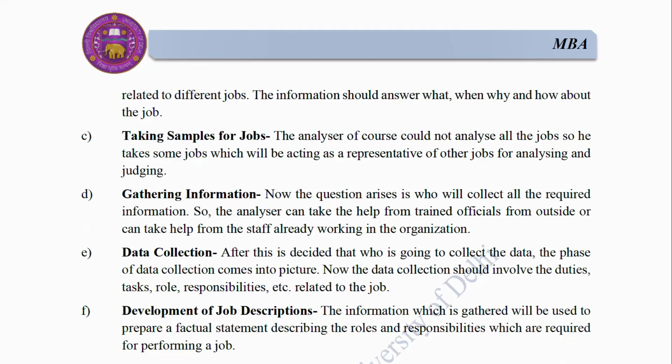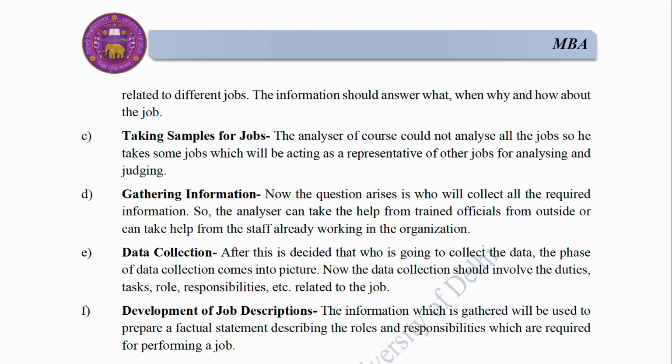So the analyzer can take the help from trained officials from outside or can take help from the staff already working in the organization. Fifth, data collection. After it is decided who is going to collect the data, the phase of data collection comes into picture. Now the data collection should involve the duties, tasks, role, responsibilities, etc.